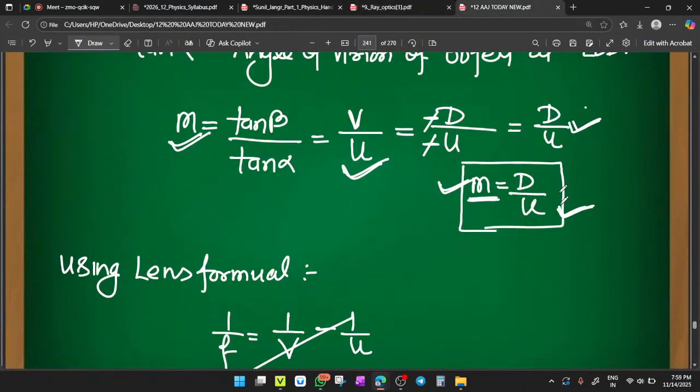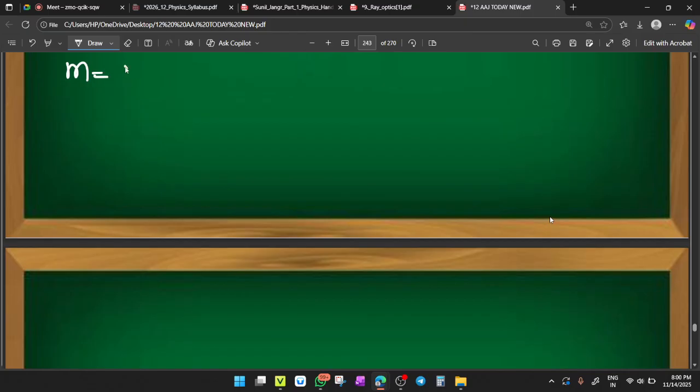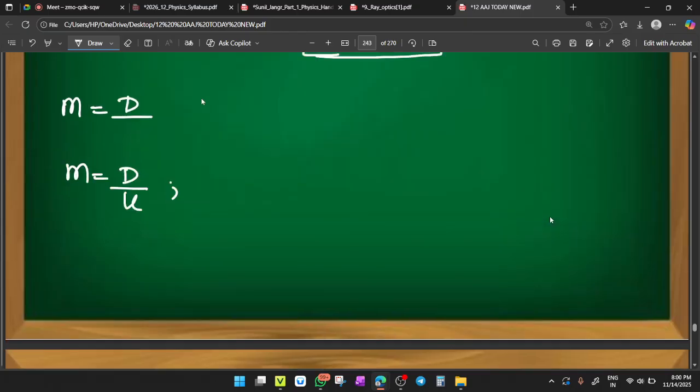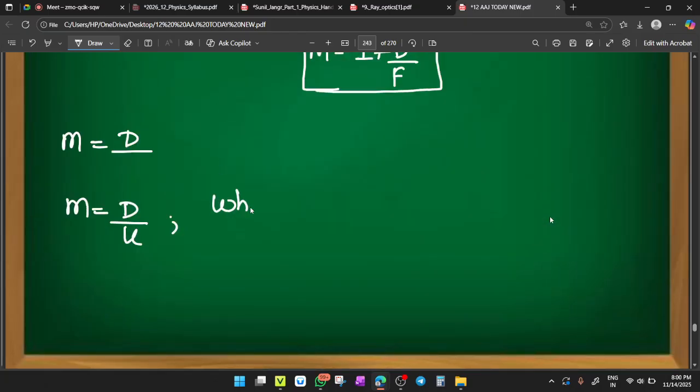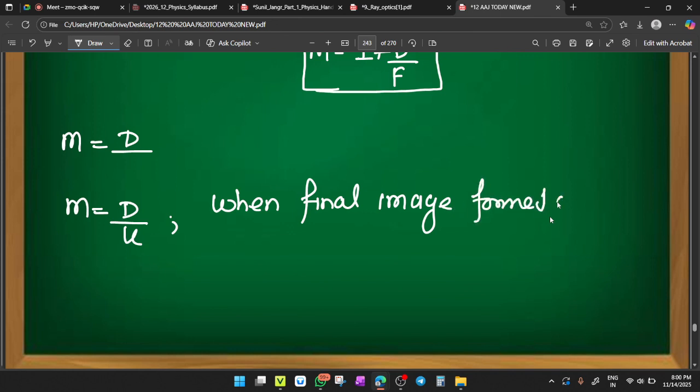M equals D by U. Now, when the final image is formed at infinity, then U should be equal to the focus. When your object is at focus, your image will be at infinity. Yes or no?